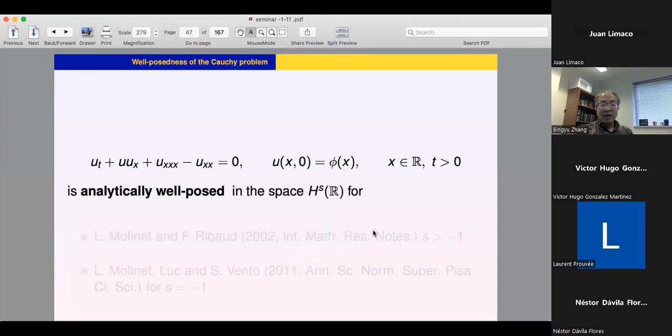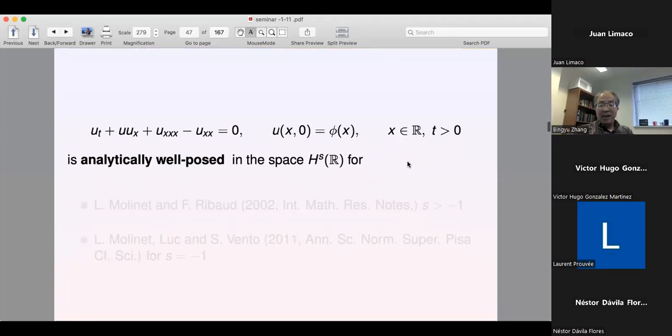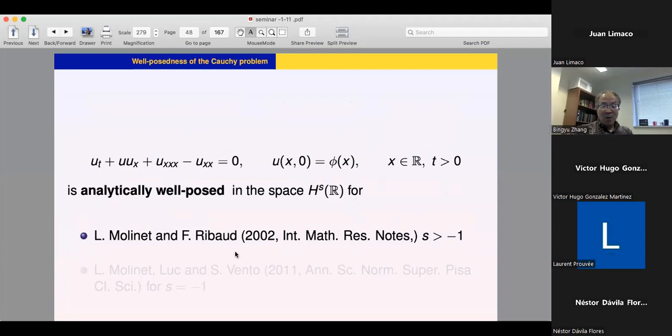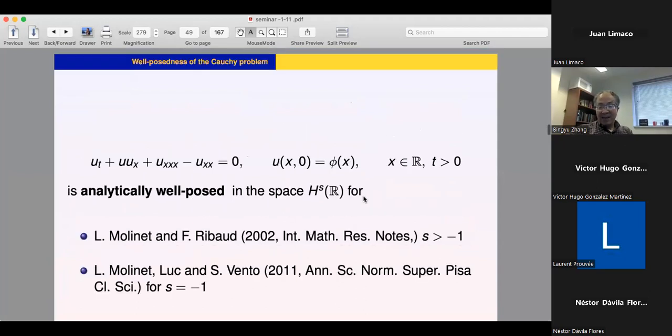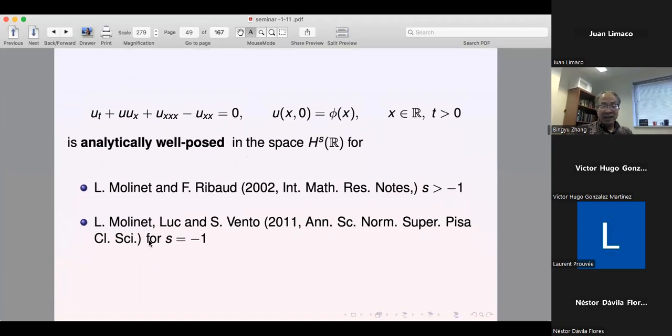Then how about the KdV-Burgers equation? Here Molinet and Ribaud first showed that this is analytically well-posed for any s greater than -1. And then almost 10 years later, Molinet and Vento showed that the case s equal to -1 is also analytically well-posed. This is a sharp result because for any s less than -1, it's ill-posed.